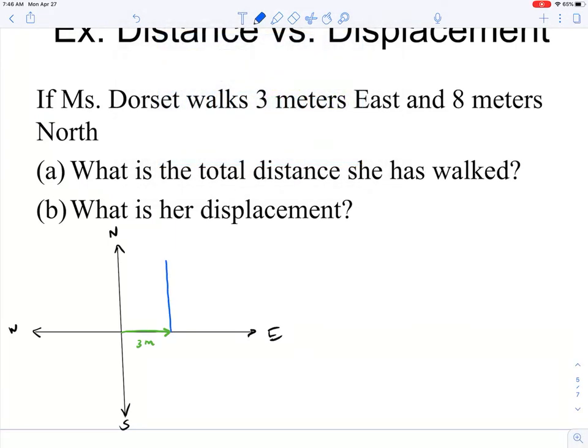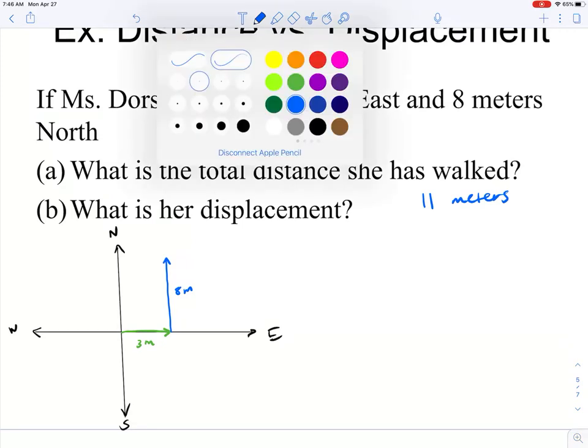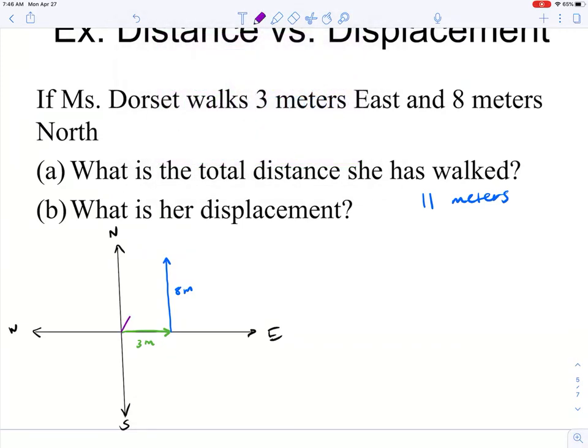So 3 meters east and 8 meters north. So what is the total distance that she's walked? Well, total distance would be that 3 meters plus the 8 meters, so 11 meters.